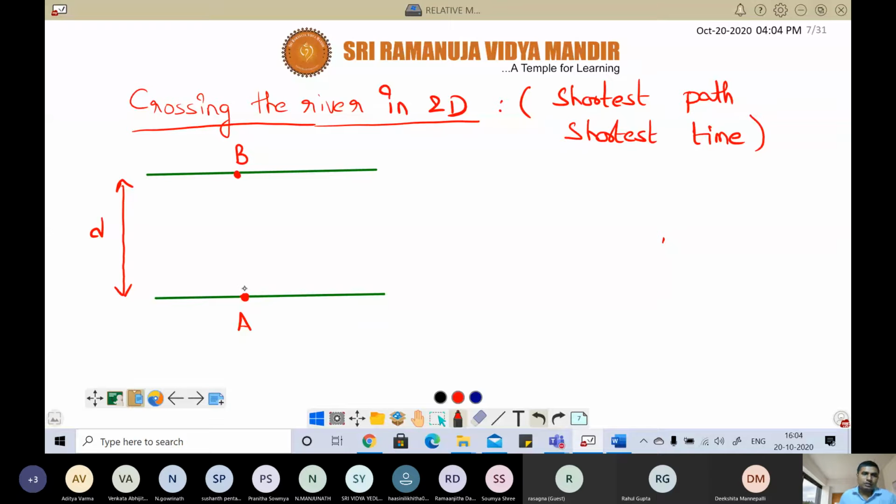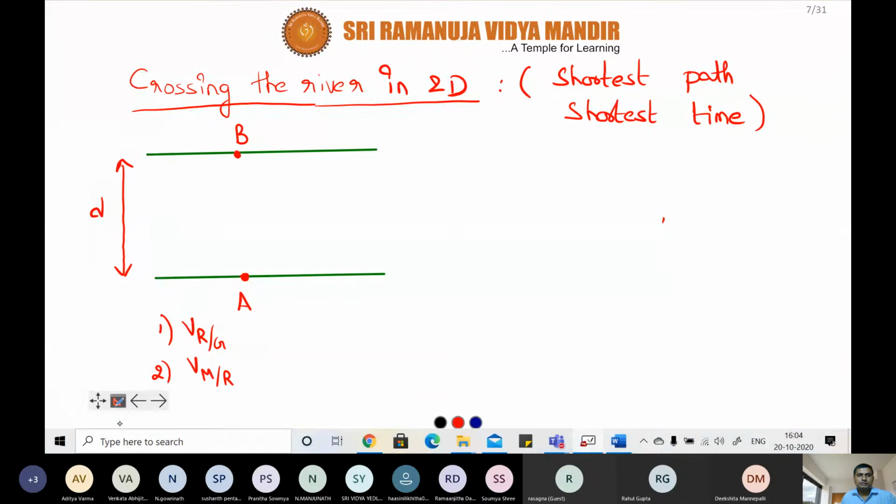Two things will be given to us: number 1, velocity of river with respect to ground, and number 2, velocity of man with respect to river. For simplicity, we can call the velocity of river u, and the velocity of man v.